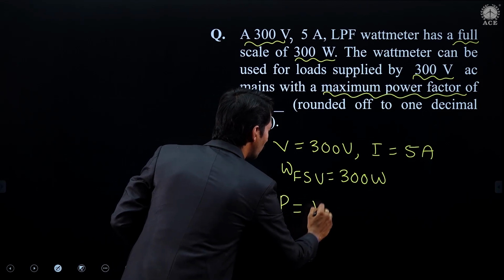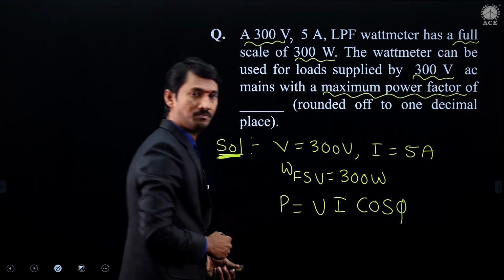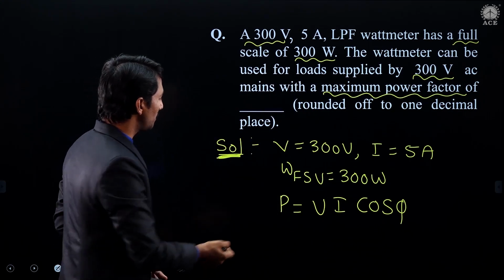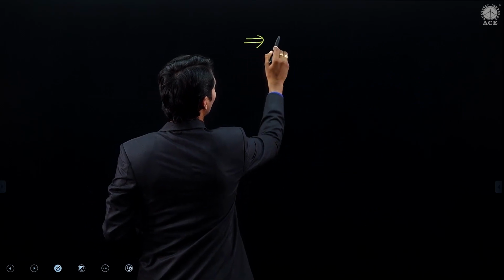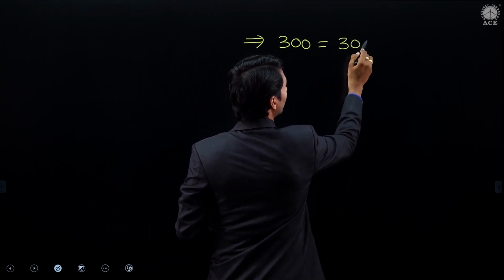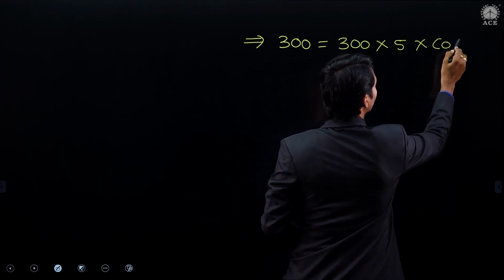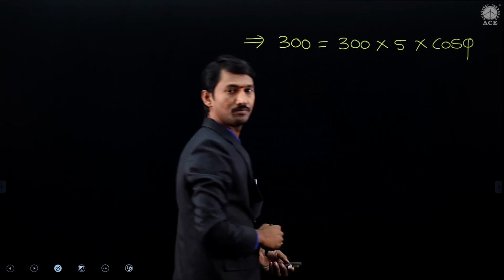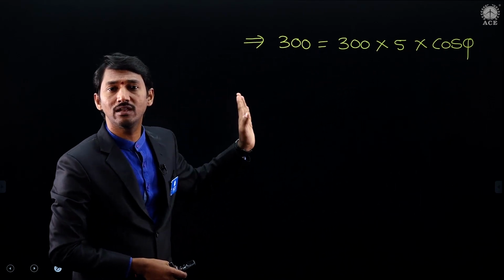Power is equal to V into I into cos phi. Now, let us substitute the values. Power 300 watt. 300 watt is equal to voltage 300, current 5 amperes, power factor simply cos phi. Right. See, all values we have substituted with respect to full scale values or not?